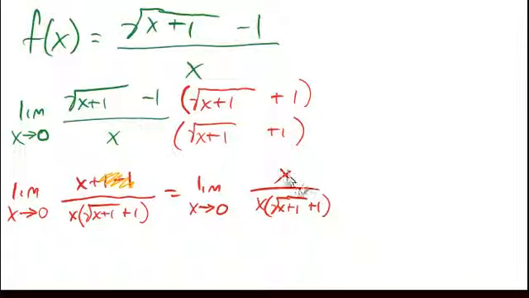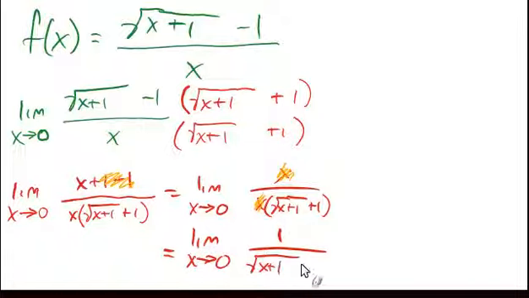And now, here would really be the big no-no if we were saying that these functions are equal, but we're just saying their limits are the same. So the limit as x approaches 0 of 1 over the square root of x plus 1 plus 1.